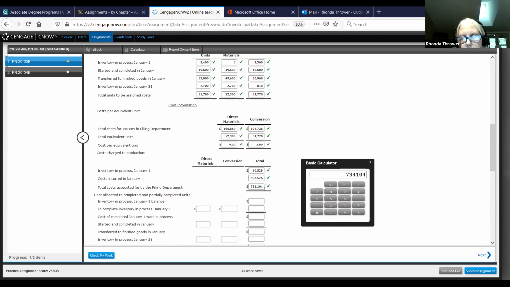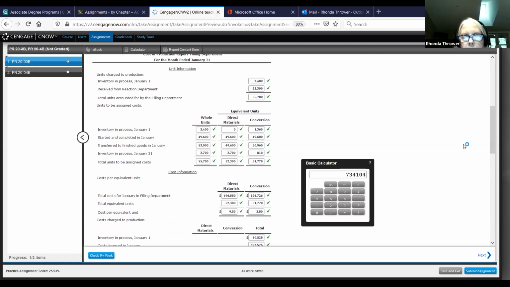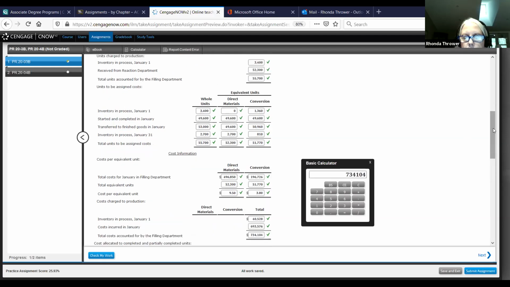This top part right here is going to be reconciled with this part here. Remember how we did the same thing for our units? This part here is reconciled, or it's broken down into these individual parts.